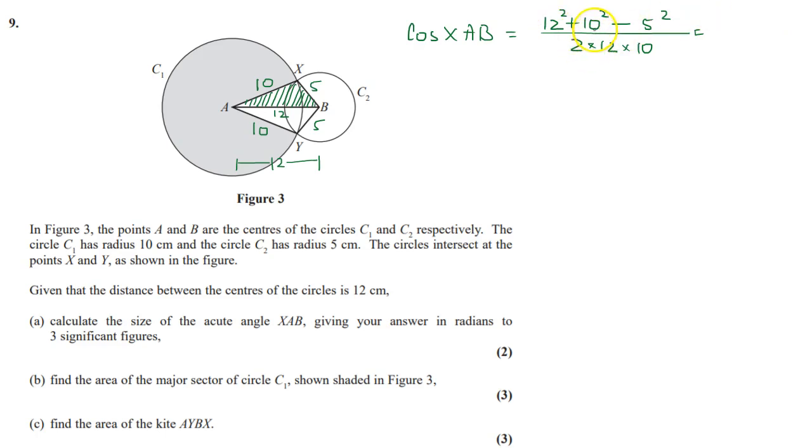So 144 plus 10 square, 100, that is 244, minus 25, that is 219. 24 times 10 is 240. So XAB is equal to cos inverse of 219 divided by 240.